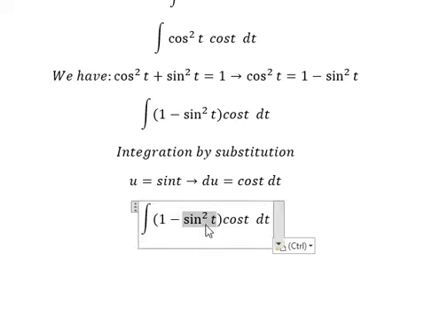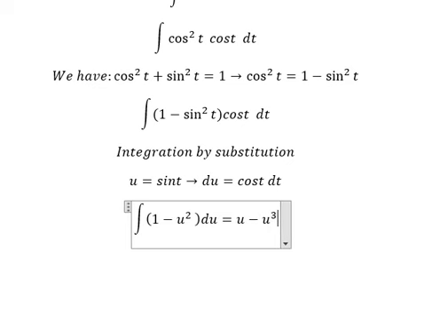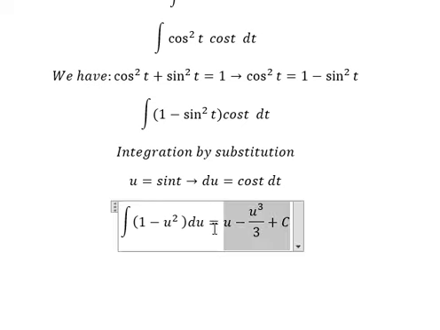This one we change for u squared, and cosine t dt we change for du. The integration of number 1 is u. The integration of u squared is u to the power of 3 over 3, and I will put c.